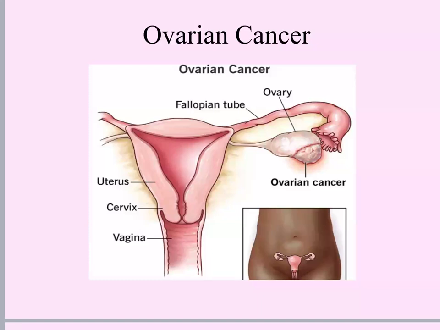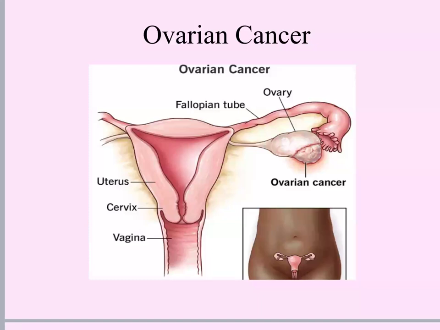Ovarian cancer starts when normal cells in the ovary mutate and start growing uncontrollably. Those abnormal cells ignore normal signals that tell them to stop dividing or to die, known as apoptosis. Over time, they form a mass that can invade nearby tissues and spread to other organs in the abdomen and even beyond that.